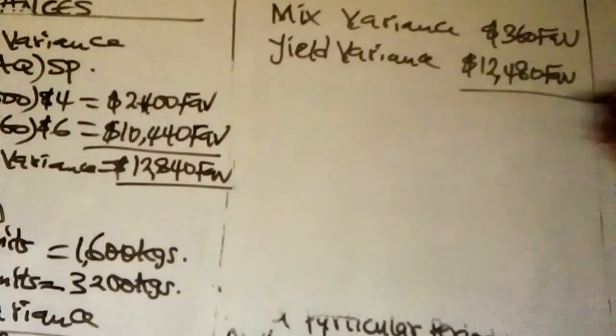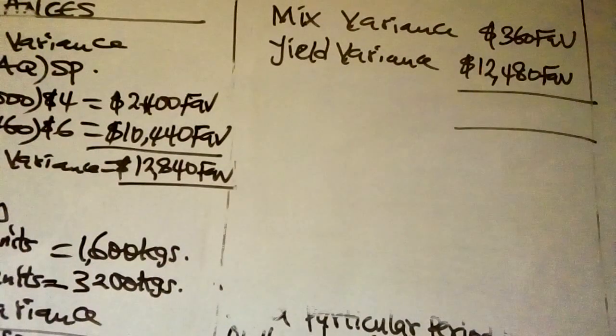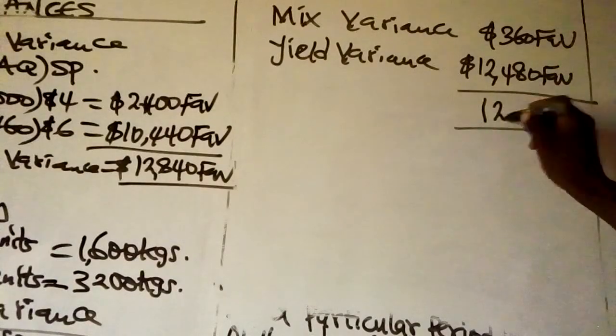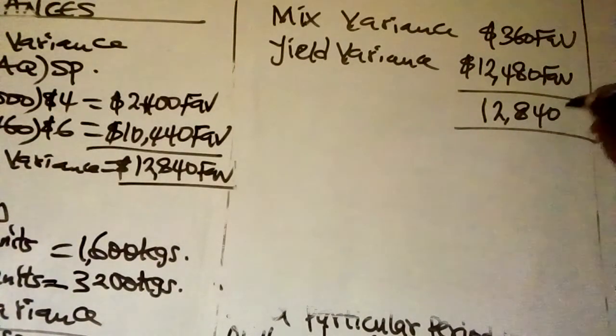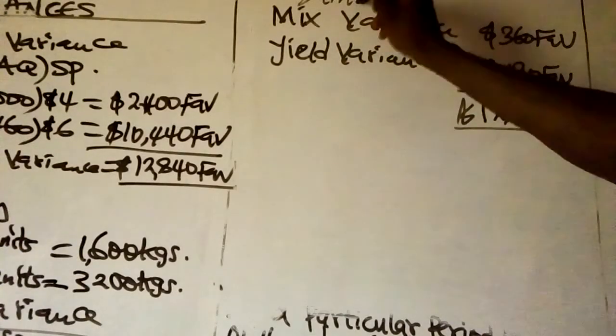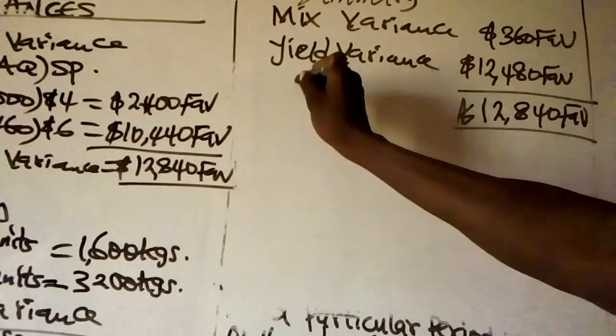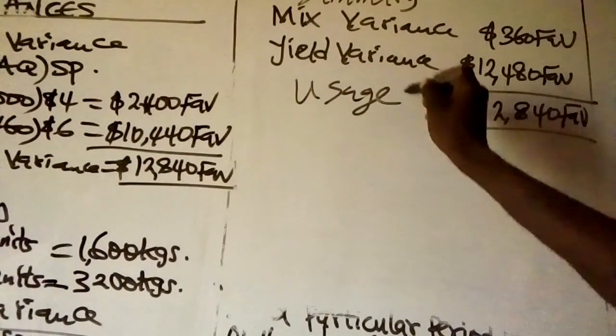When you add the 360 favorable and 12,480 favorable, let's sum it up. 12,480 plus 360, then we got 12,840 favorable. This is the summary. Then I've told you that this total will be the same as the material usage variance.